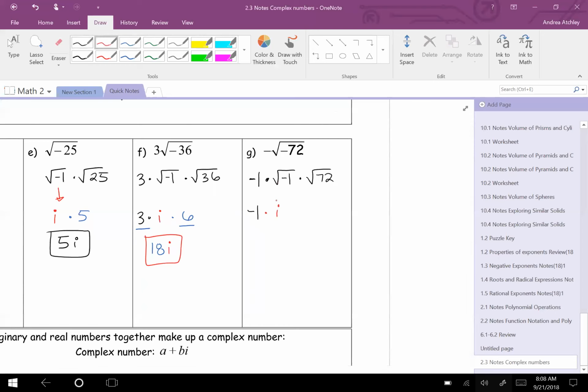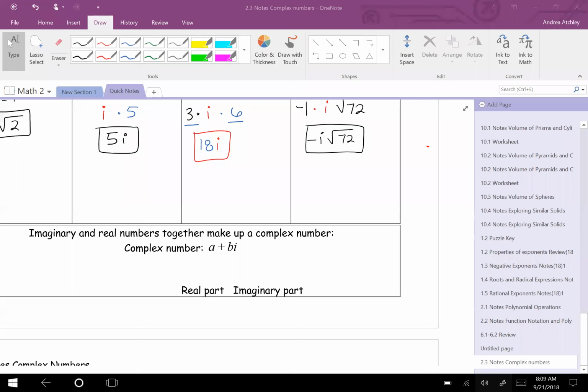Yes, it's 8.4, but we're not going to plug in our calculator. Do I know the exact square root of 72? No. Okay, so we're just going to leave it as the square root of 72. So -1 times i is just -i square root 72. If we can't simplify, we don't simplify.